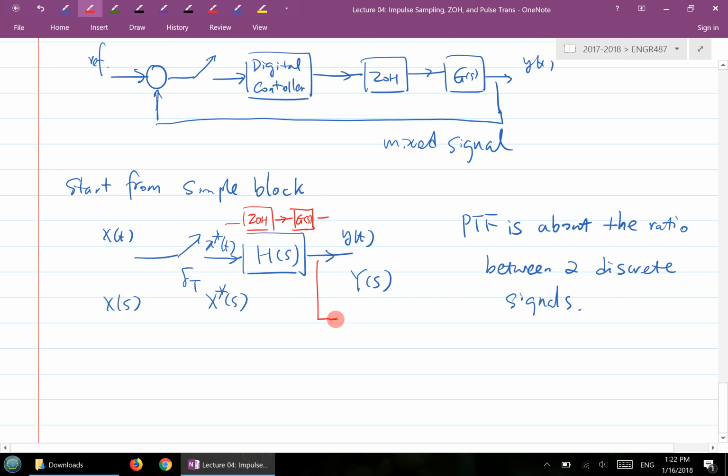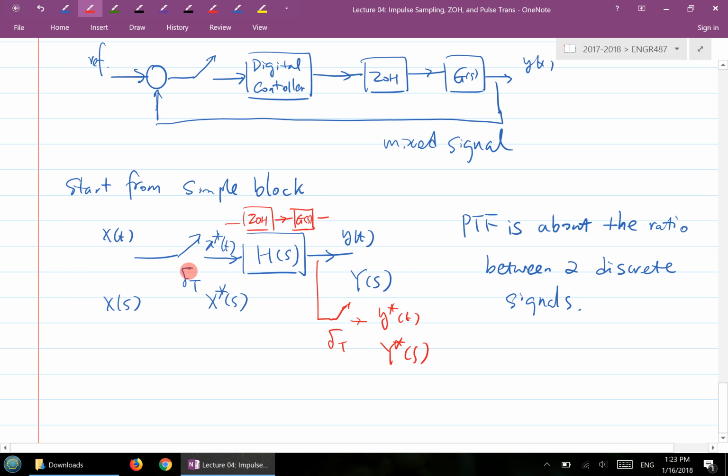Let's add some kind of sampler, this doesn't have to exist. So I call it a fictitious impulse sampler. Then you get your y star of t or y star of s. This guy is just a fictitious one. It doesn't have to physically exist. This one here has to physically exist. It's part of the control system.